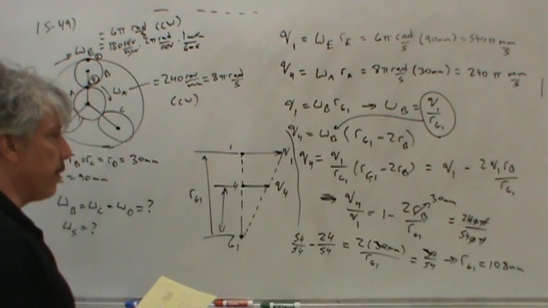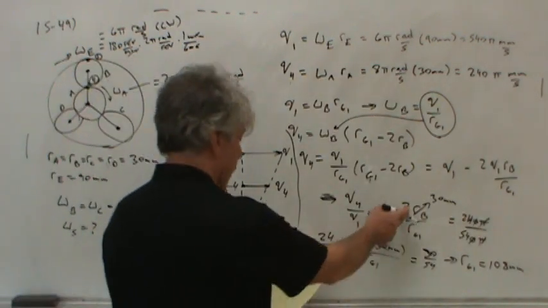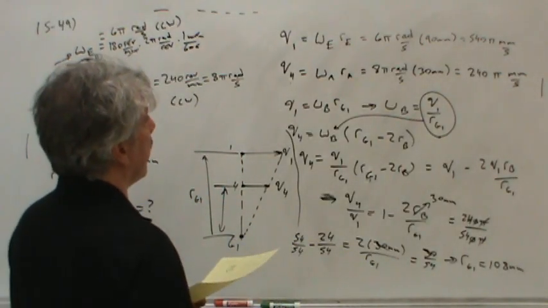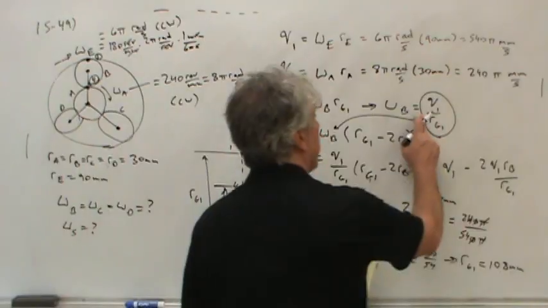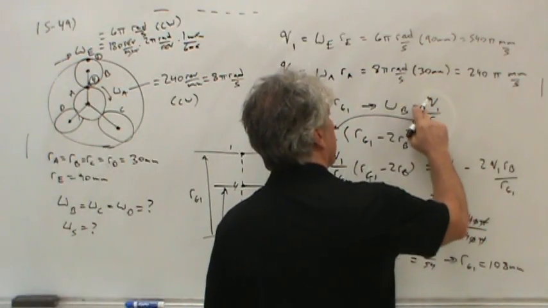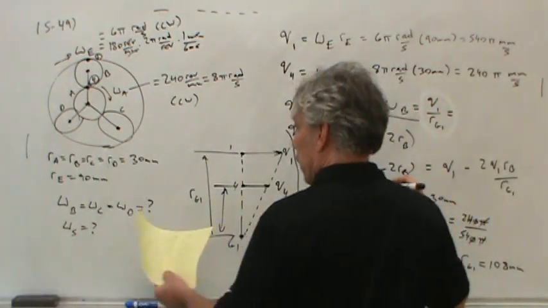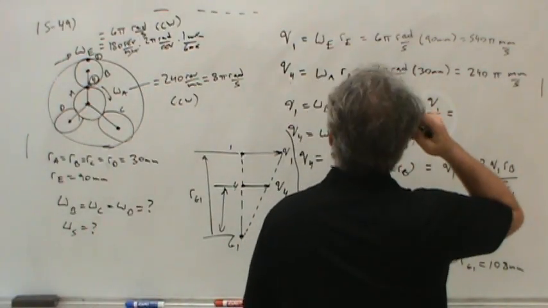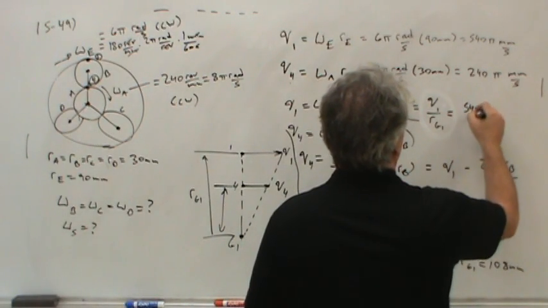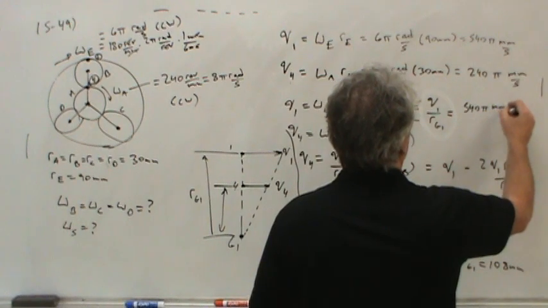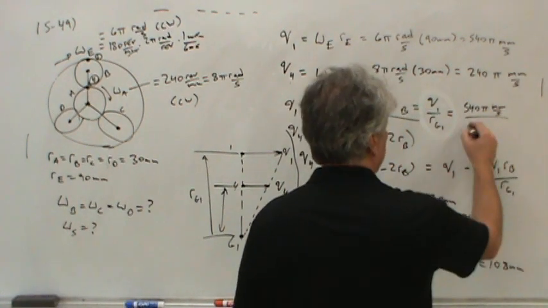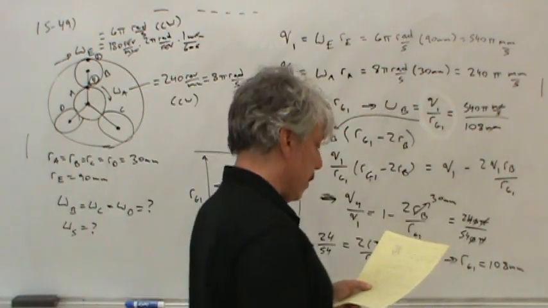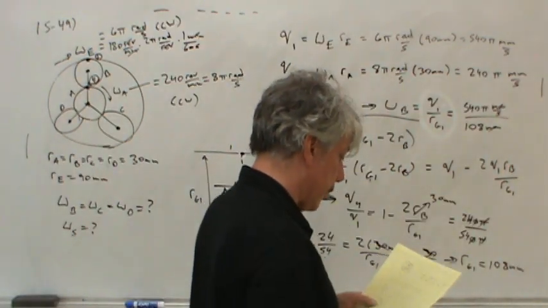Now I calculated 54 millimeters because of the factor of 2 in my solution. So now we should be able to calculate the angular velocity of B, for example, right here. And that's one of the things they asked for. Angular velocity would be V1, which we know is 540 pi millimeters per second, over RG1, I believe, is 108 millimeters, despite what I said in my solution.